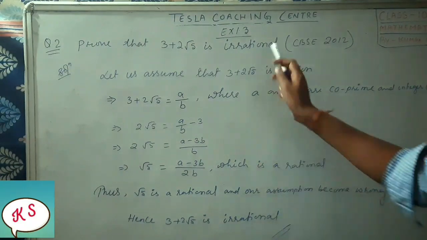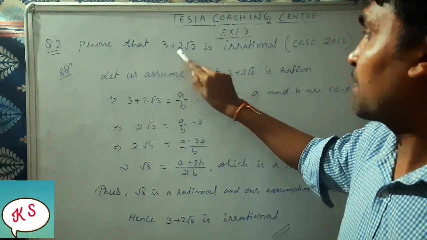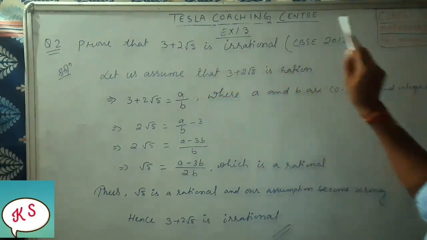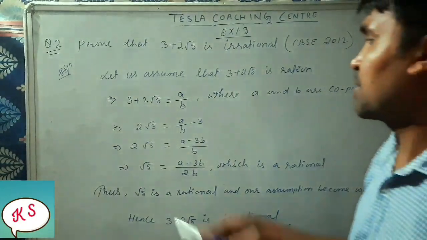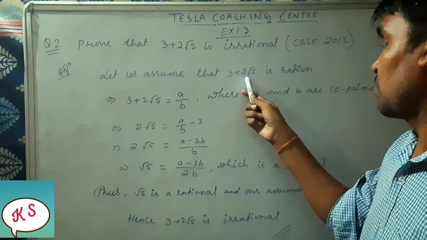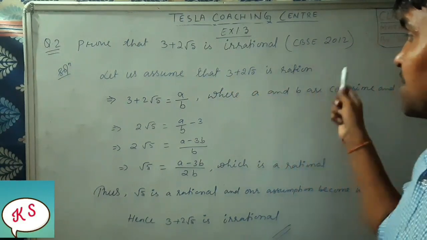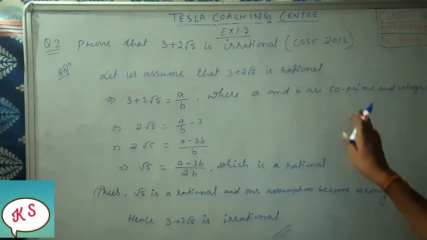Here, prove that 3 plus 2 root 5 is irrational. Same way, we will do the same assumption. Let us assume that 3 plus 2 root 5 is rational. We have assumed that this is a rational number.